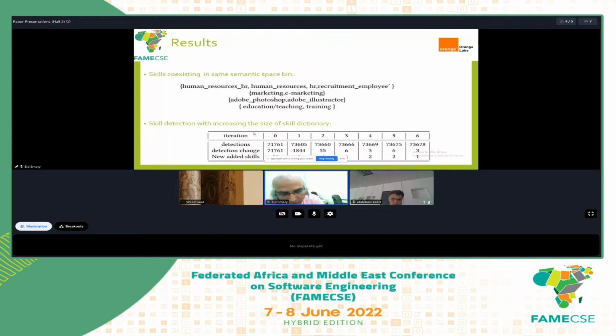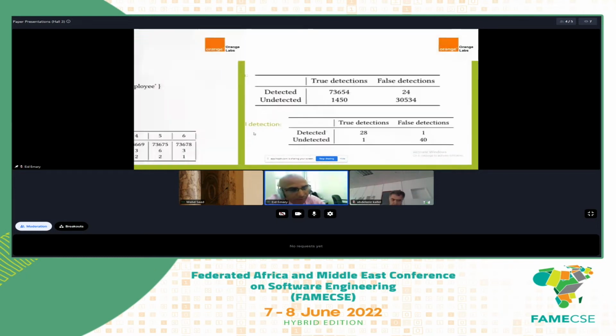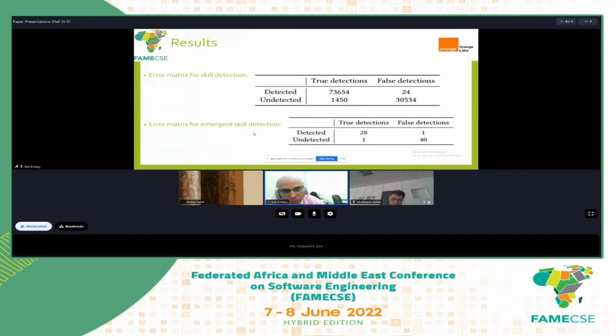The second table highlights the number of detections based on increasing the size of our lookup dictionary. Here is the final result, which is related to detection and non-detection of skills.